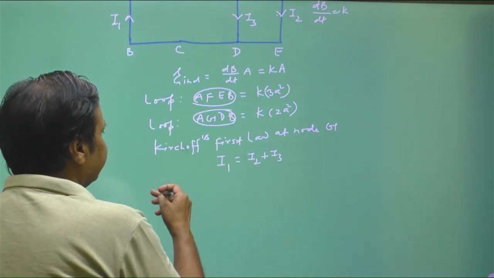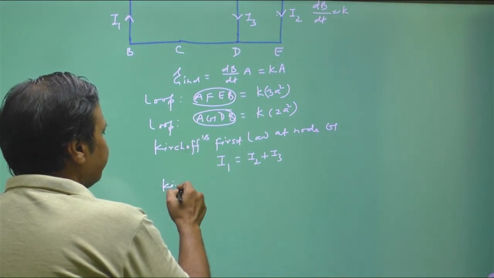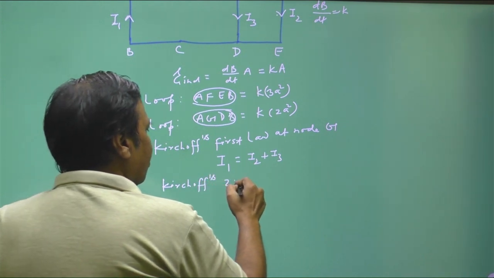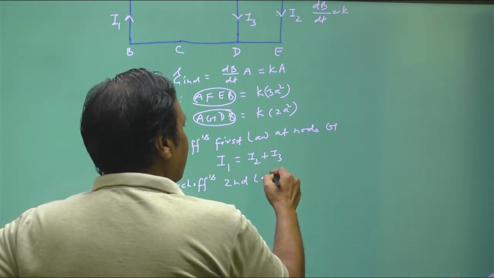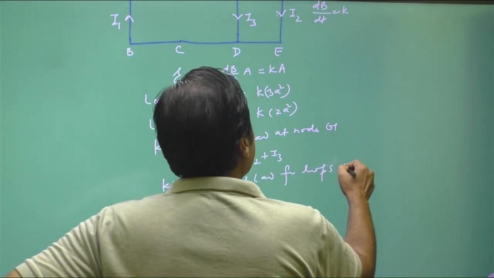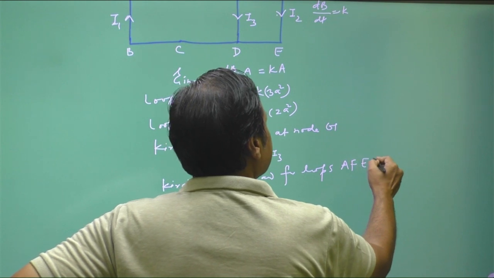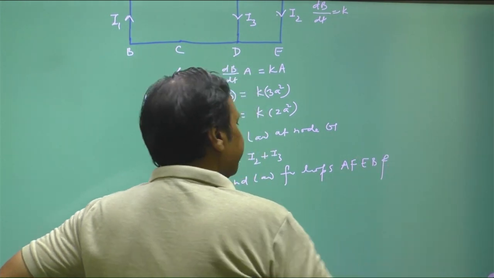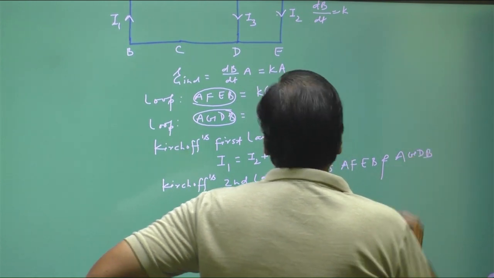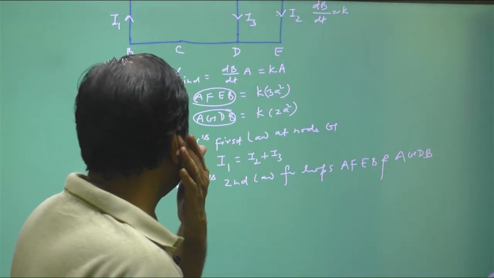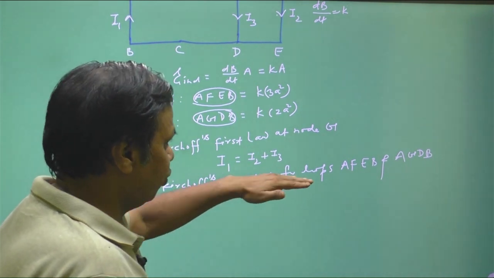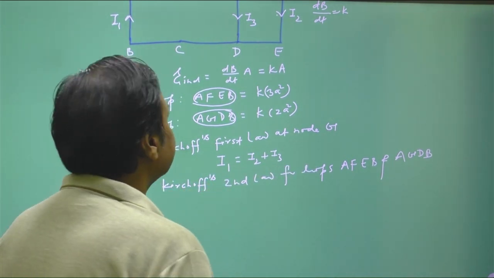And Kirchhoff's second law for loops AFEB and AGDB. So what can I write for Kirchhoff's second law for loop AFEB first? What can I write?